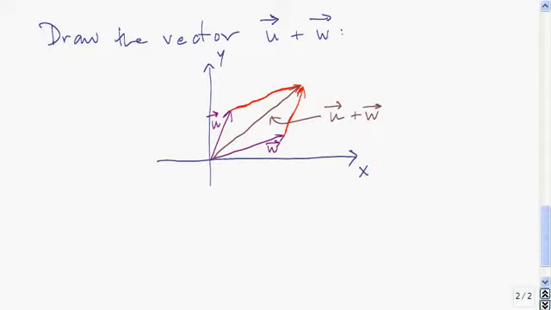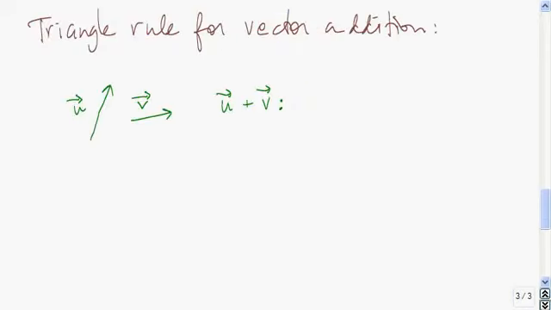There's another way of viewing vector addition geometrically, and that's using a triangle. Here's how the triangle rule works. I have this vector u, and I want to add the vector v to it. I start by taking the vector u, and then I take the vector v and put the tail of it right at the head of the vector u.